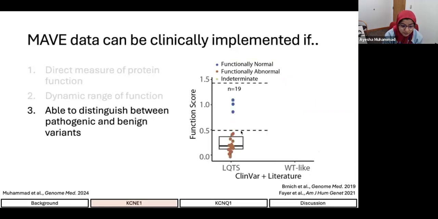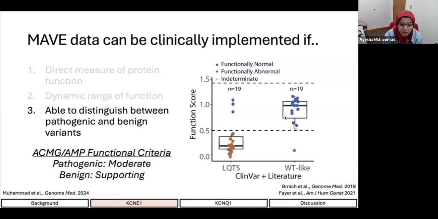You'll notice that a lot of the arrhythmia variants have low function scores, whereas a majority of the wild type like variants have normal function scores. Based on the calibration of our assay, we were able to implement the ACMG AMP functional criteria at the moderate level for pathogenicity and at the supporting level for benign variants.